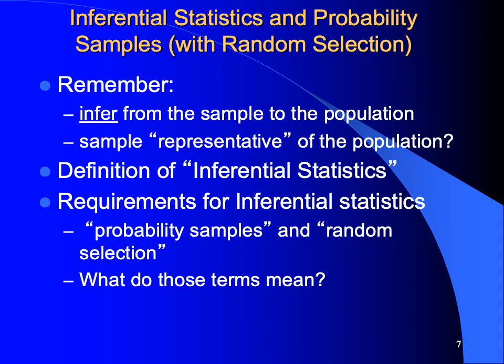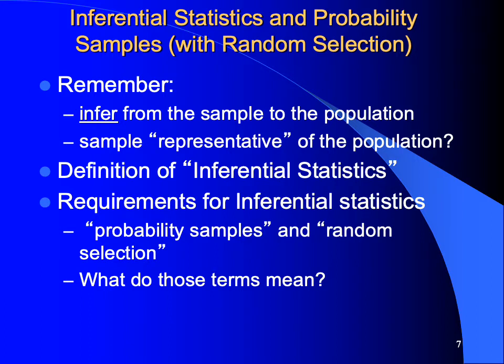And inferential statistics require something called probability samples with random selection. Another way to think about this is that a probability sample is, think of it as a random sample. Okay? And I'll get into this. I'll give you a more fancy definition on the next slide.